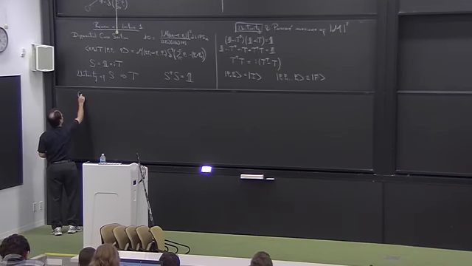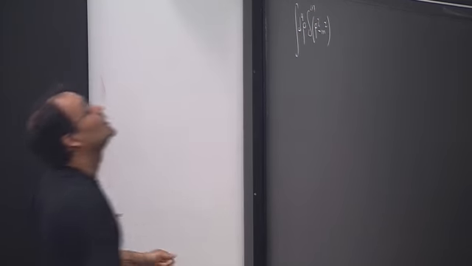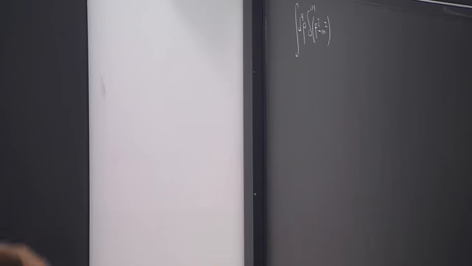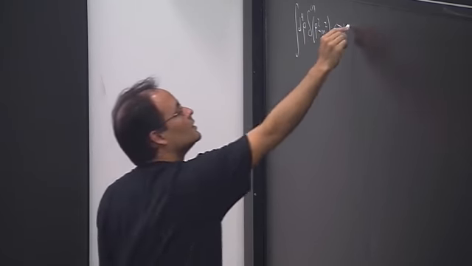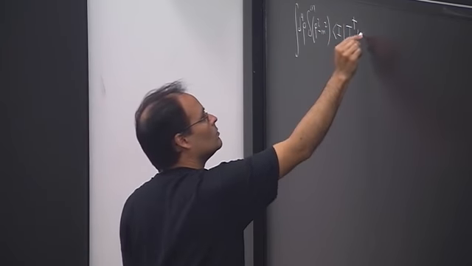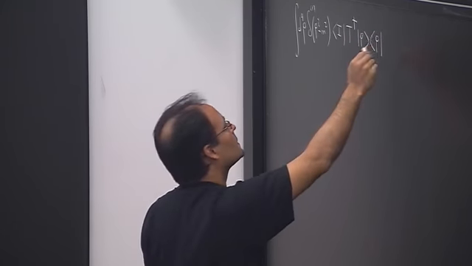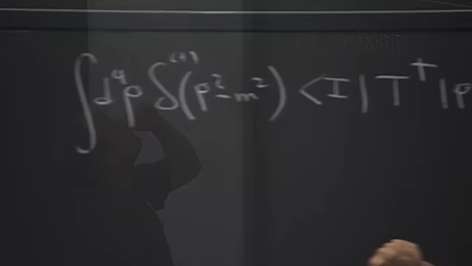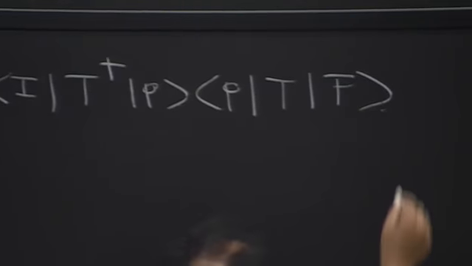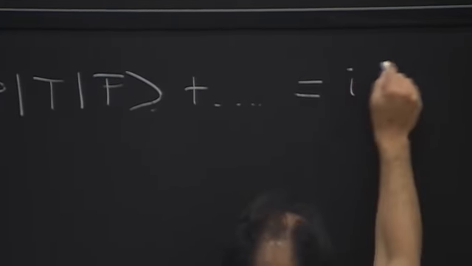We have integral d4p delta plus p squared minus m squared of this, and we have t final. Okay. As I said, plus other terms has to be equal to.